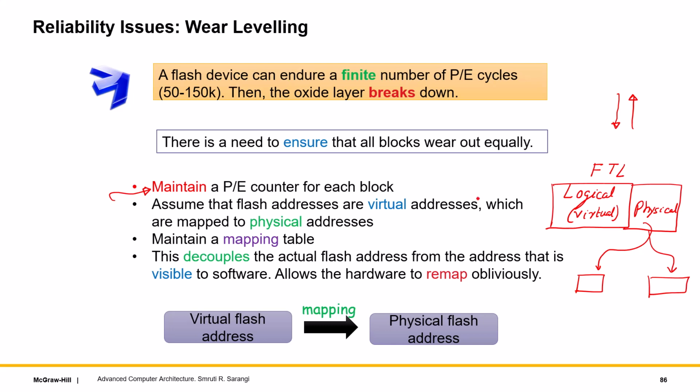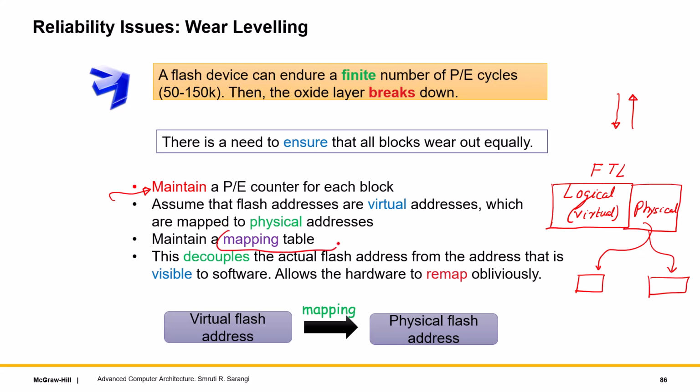Which basically means we need to have a precise idea of the counts of all the blocks, how frequently they are being accessed, particularly written to, and how we can distribute them such that physically the wear out level is roughly homogeneous.